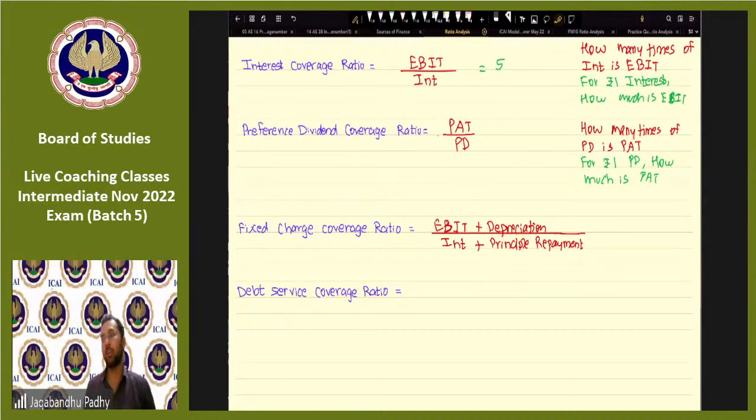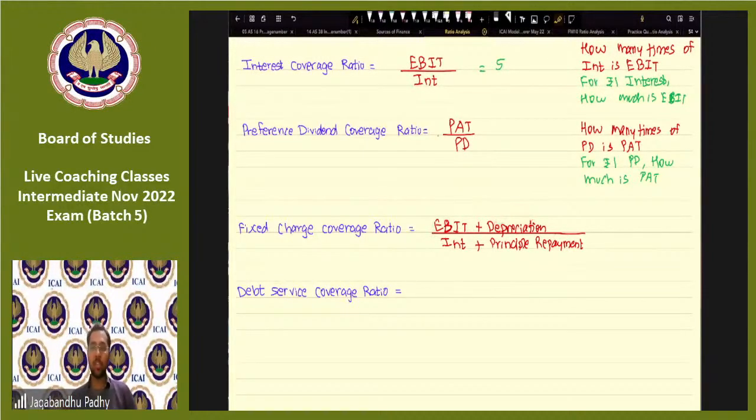Now depreciation is not a cash expenditure, it's a non-cash item, so we just add it back to EBIT to make this income a cash income. When we computed EBIT, we subtracted the variable cost and fixed cost, and in that fixed cost we would have subtracted the depreciation also. So EBIT is not a cash profit. To make it a cash profit, I add depreciation.